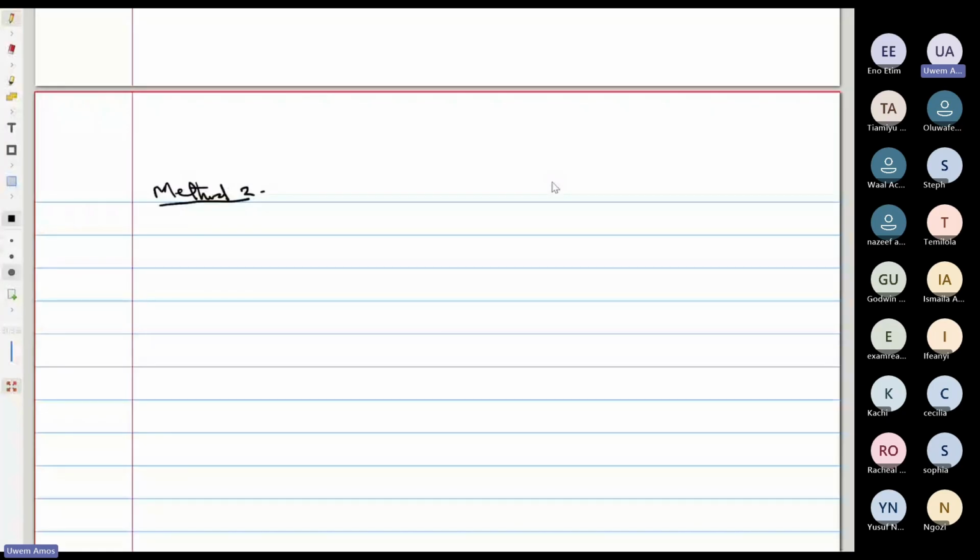Whenever you're doing that, we use what is called the Fisher's effect. And this is the formula for doing that.